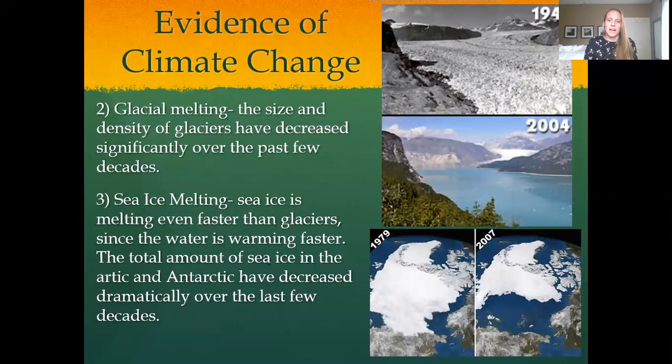Glaciers melting. This has become a major concern, anywhere that has mountains, that we have seen major glacial retreats. In the Alps, they've had a lot of glaciers just completely disappear. And I think it's France and Switzerland.